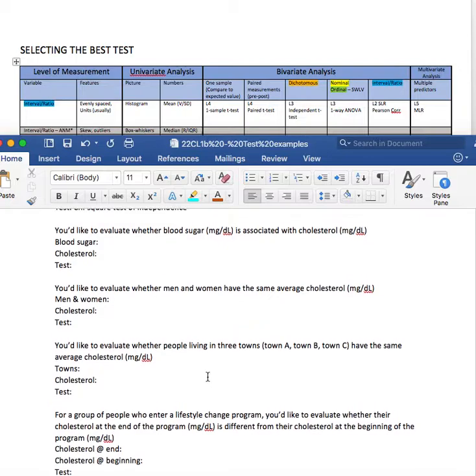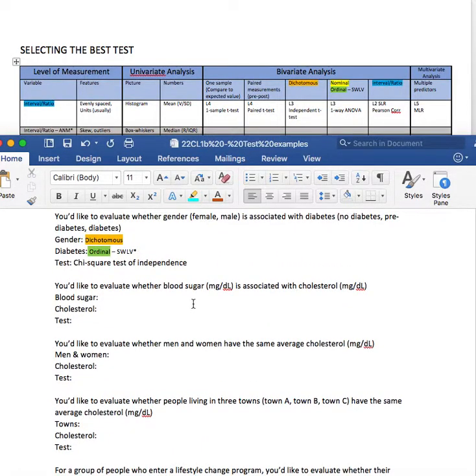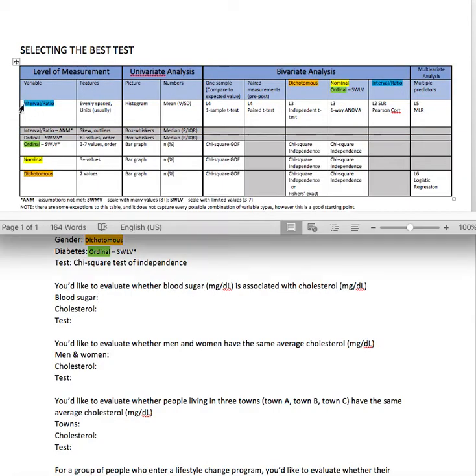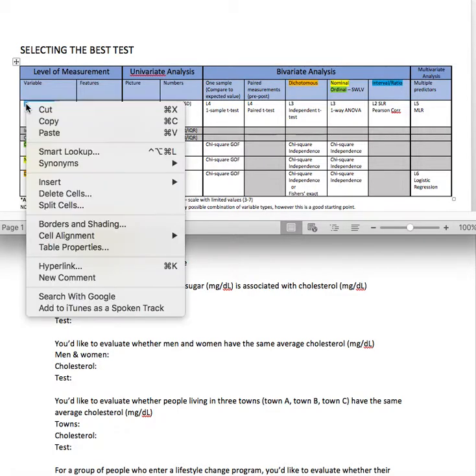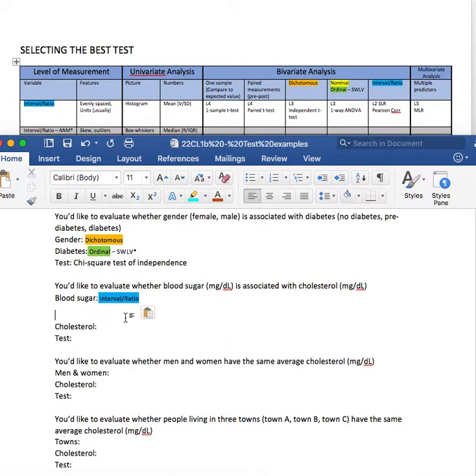And we're going to look at a couple of other ones here. And this is our first one to evaluate. You'd like to evaluate whether blood sugar is associated with cholesterol. And so if we think about blood sugar measured in milligrams per deciliter, that's going to be an interval ratio variable. So I'll go ahead and put that here.